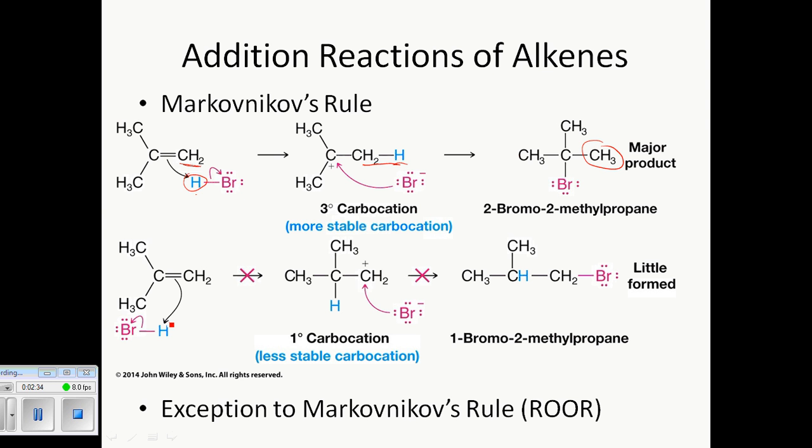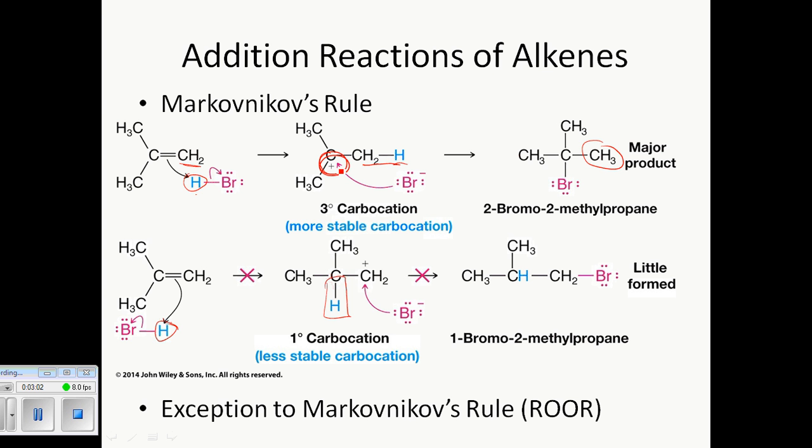When you add the H, it goes to the less stable side, which is here. So you get the hydrogen to the less stable side. In this case, it's showing you why the Markovnikov rule gives you the major product, and that's because you have a more stable carbocation in the middle there.